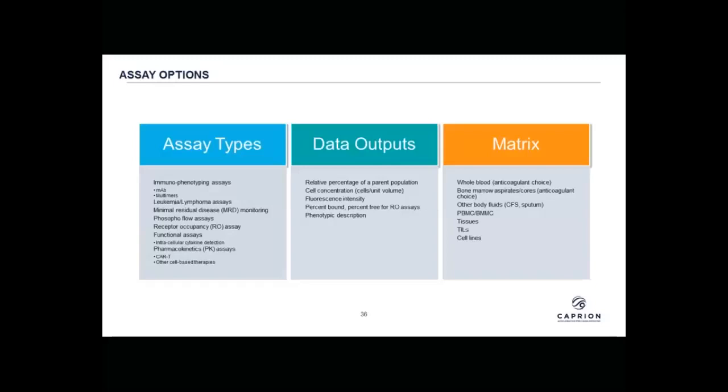Our data output would be the relative percentage of the parent population, cell concentration, fluorescence intensity, percent bound or free in a receptor occupancy, or in leukemia lymphomas, a phenotypic description of the abnormal cells. Our matrix mostly is whole blood, bone marrow, PBMCs or BMMCs, and tumor-infiltrating lymphocytes, as well as a few others.